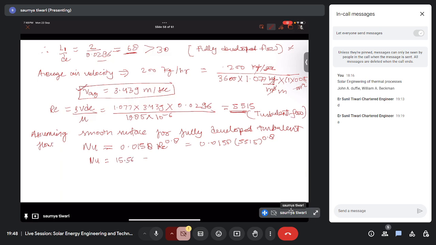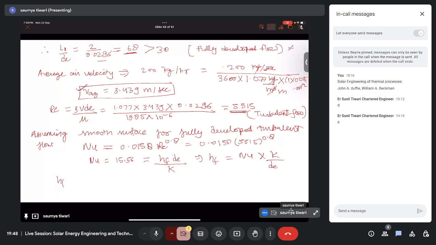This is basically your hL by k, or your heat transfer coefficient h times the equivalent diameter upon the thermal conductivity. So from here you can calculate hf, which will be the Nusselt number times the thermal conductivity upon the equivalent diameter.